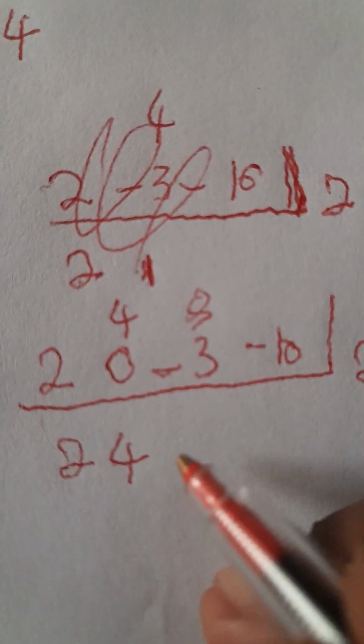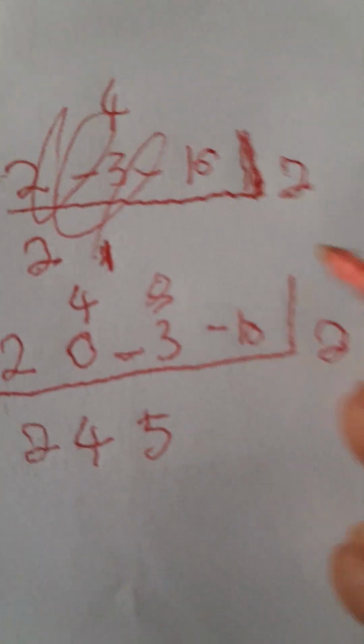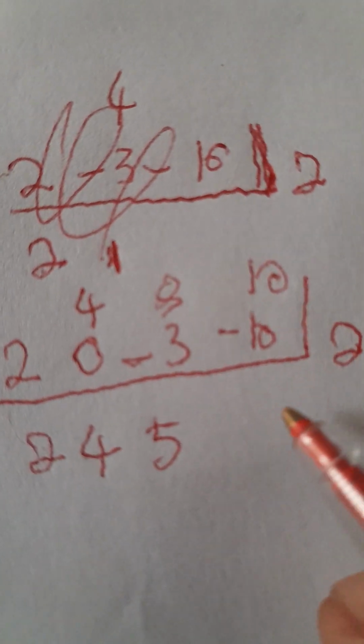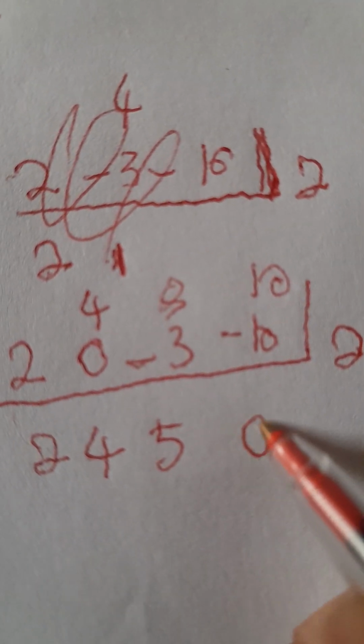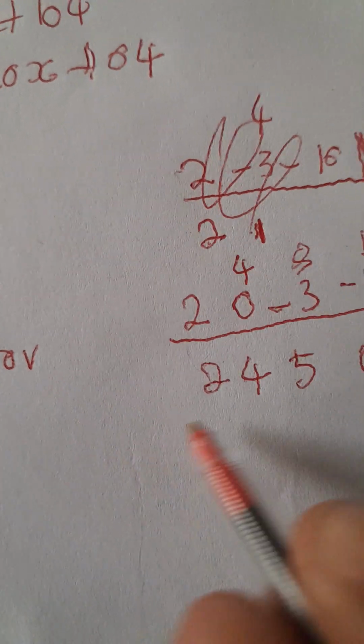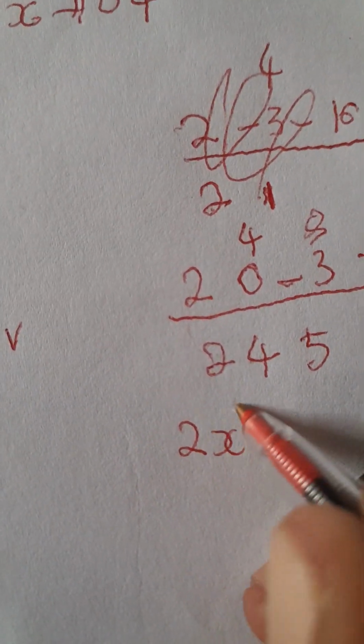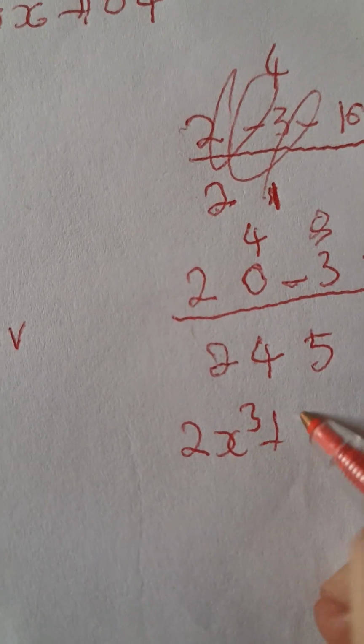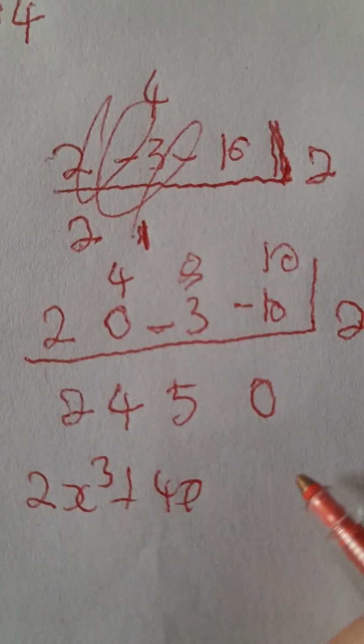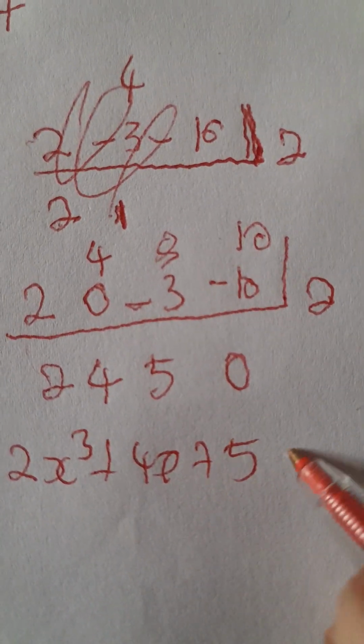So that's 5. Then 5 times 2, that's 10. 10 plus negative 10 is going to be 0. So we have an equation here. In other words, we are having 2x squared plus 4x plus 5, which is equal to 0.